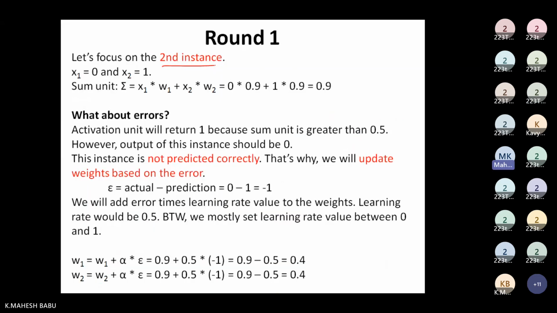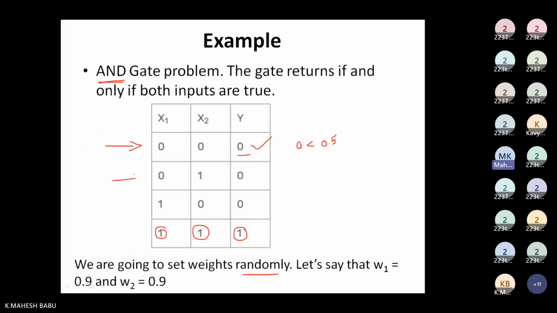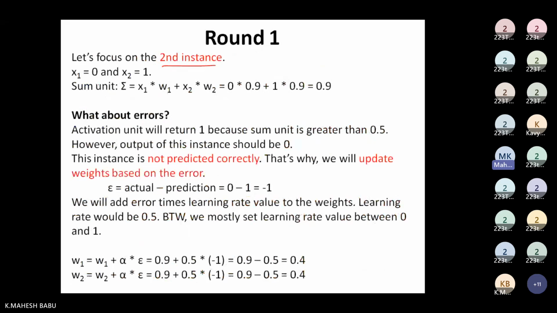Coming here to the second instance, in the second row, x1 is 0 and x2 is 1. Getting the sum value: 0 into 0.9 plus 1 into 0.9, the sum value is 0.9.